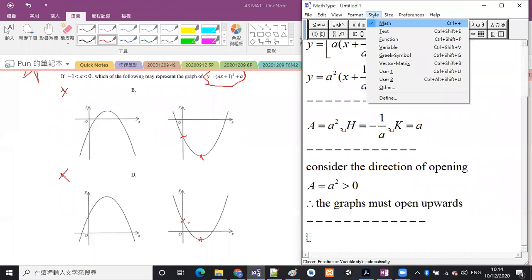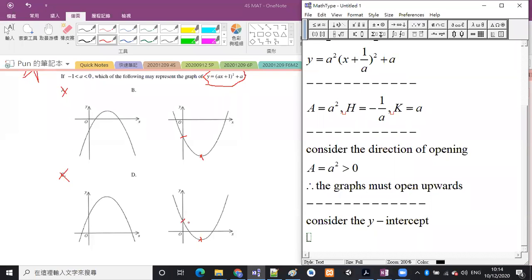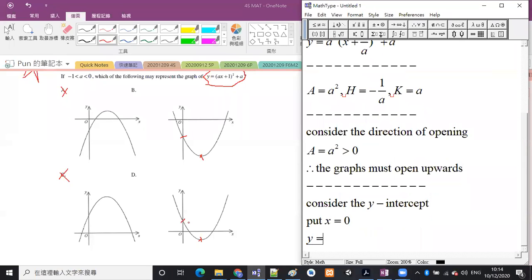Okay, consider the y-intercept. Okay, from the equation, we need to put x to be 0. Okay, and y will be equal to a times (0 plus 1) square plus a.